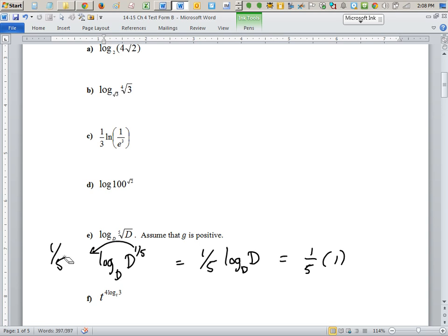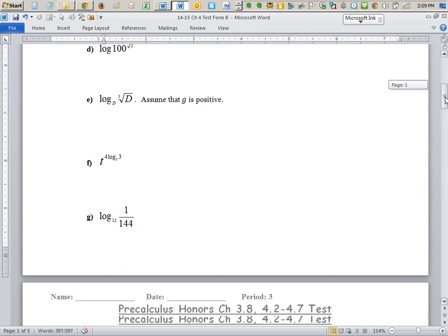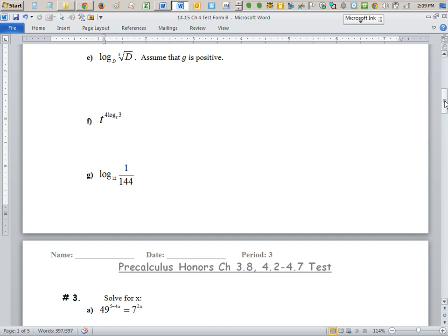Let's go on to the next problem. Okay. And this one is t to the log base t, 4 log base t of 3. So this 4 can be moved to up here. So this reads t to the log base t of 3 to the 4th.